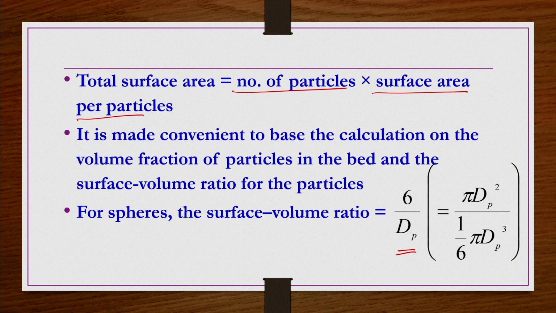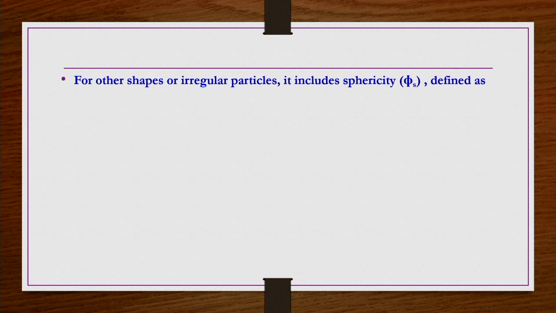This is for the sphere, but we wanted to bring in the non-sphericity or irregular particle nature also into consideration. So for other shapes or irregular particles, it should also include the sphericity, which is defined as surface to volume ratio of sphere divided by the surface to volume ratio of the particle, right.